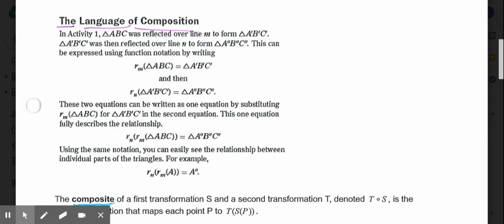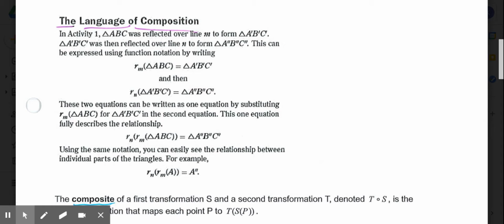But in activity 1, it says triangle ABC was first reflected over line M to form triangle A prime, B prime, C prime. Triangle A prime, B prime, C prime was then reflected over line N to form triangle A double prime, B double prime, C double prime.